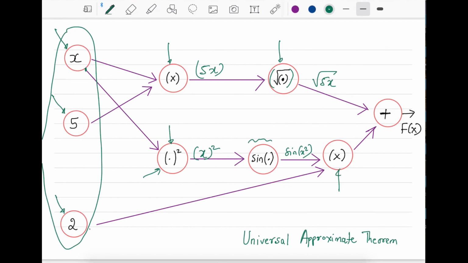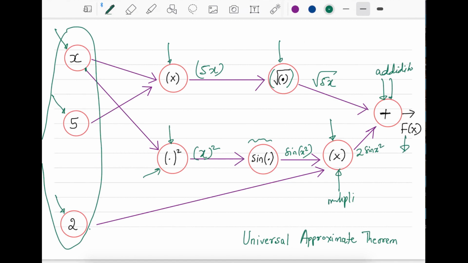So this is a multiplication operator, and this node is implementing that function. So what you get is 2 sine of x squared, and then you finally implement an addition operator. This node implements the addition operator, and then you get the final function f(x).